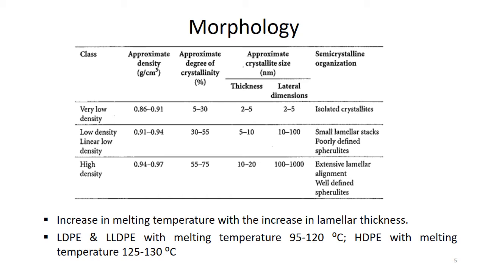In very low density polyethylenes, the crystallites are isolated, while in low density, small lamellar stacks are seen, and in linear low density, very poorly defined spherulites are seen. But in high density polyethylene, lamellae extensively align with each other to form spherulites.